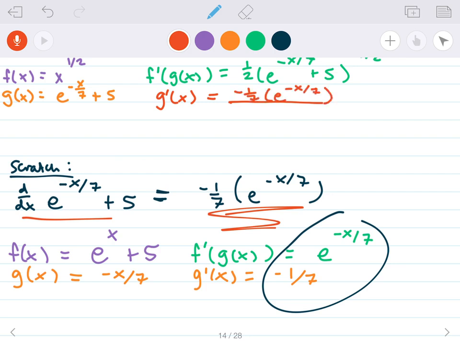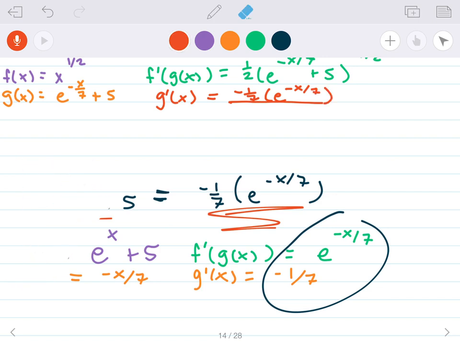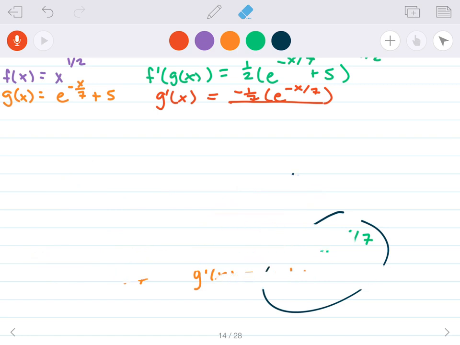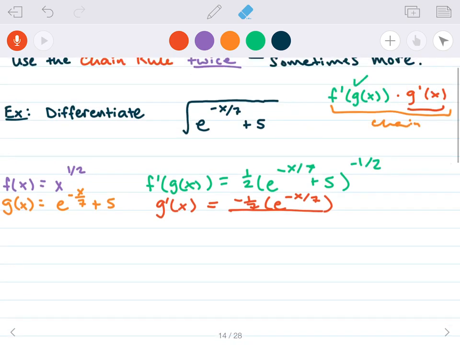All right. Okay, now I'm going to erase this and give my final answer. So I had to do the chain rule twice. My final answer is going to be my original f prime of g times my g prime by the chain rule. Now we have g prime, we're good to go.